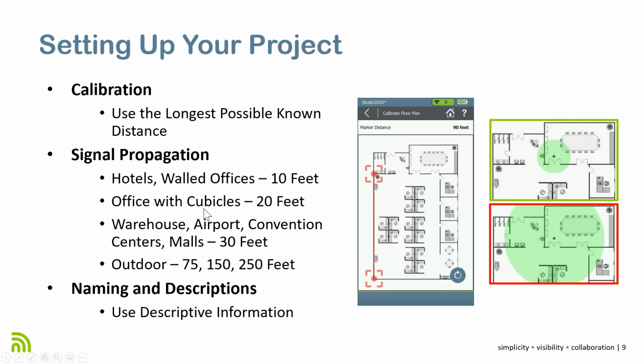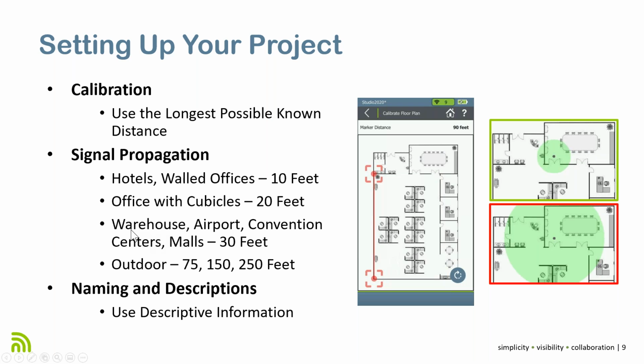Another example, let's say you're at an office with cubicles. So it's mostly open, just a bunch of cubicles. In that case, using maybe 20 feet as a signal propagation will work. It's a little more open space. There are no walls that will attenuate the signal as badly as in the previous case.